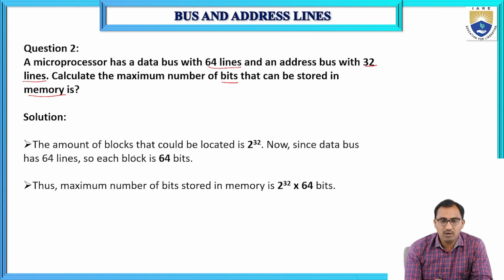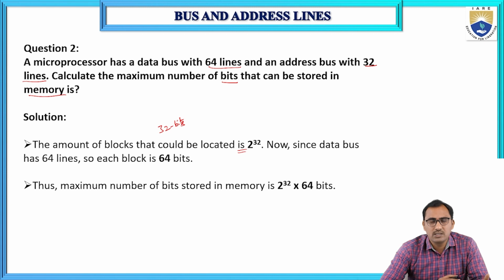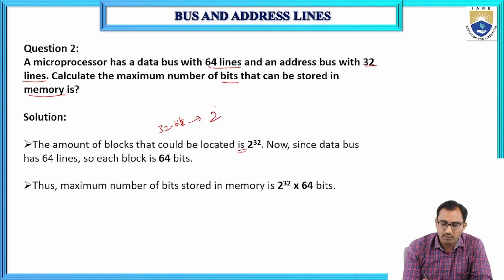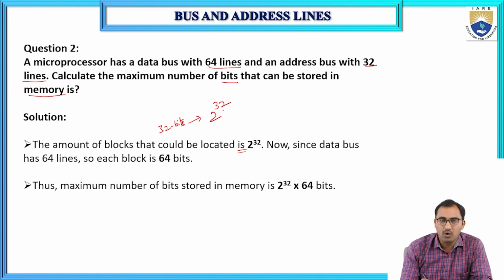So we have the address bus size of 32 bits. Using these 32 bits, we can access up to 2 power 32 memory locations. So 2 power 32 locations we can access.